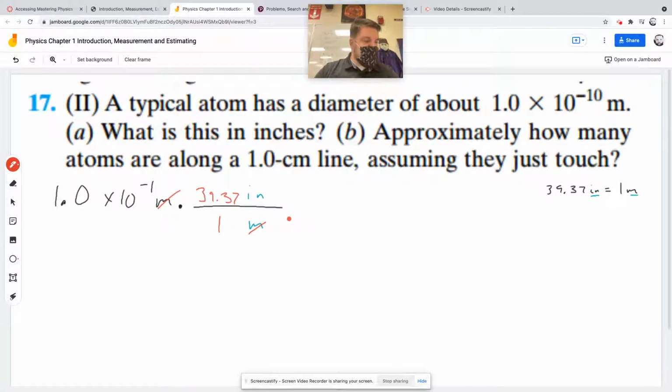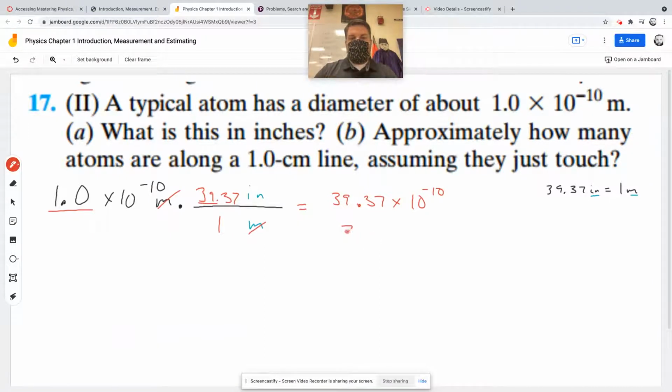So now when I multiply that out, remember when you do this, you just multiply this number by this number and then tack on the powers of 10. Oops, I forgot to write out, that's 10 to the negative 10. So technically what I have here is 39.37 times 10 to the negative 10.